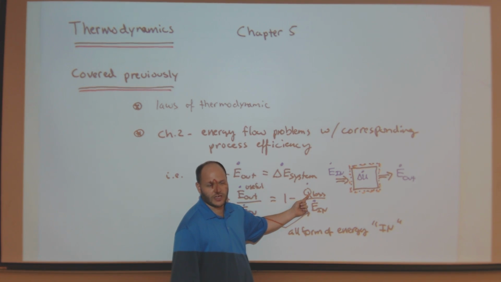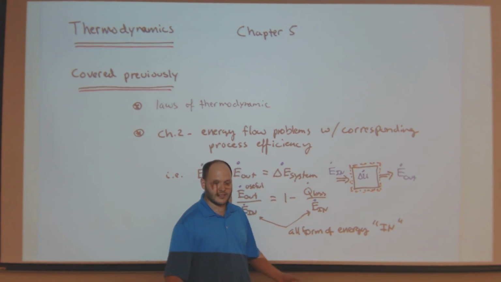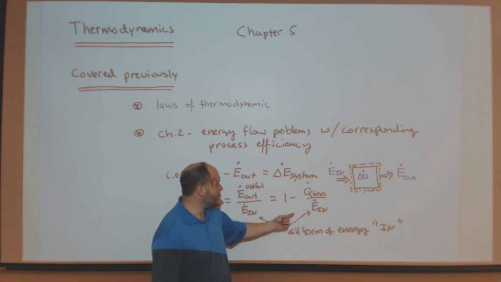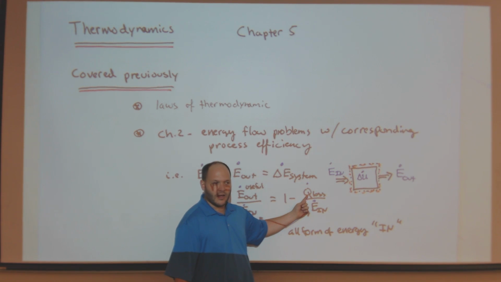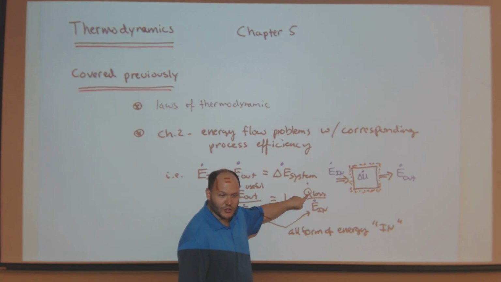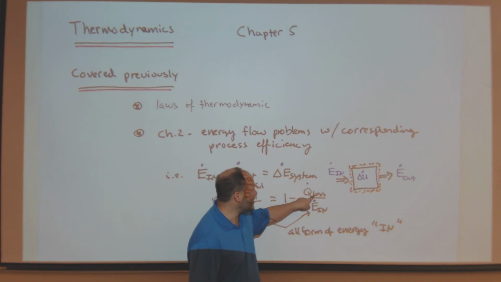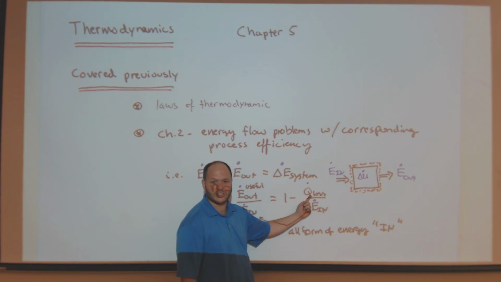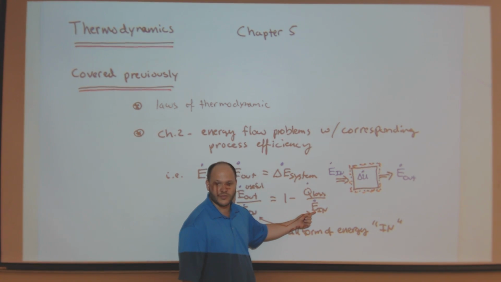Or the rate of energy out not useful. Typically, the energy out that isn't useful is in the form of heat or the heat loss, because that's typically what it is. But there could be other forms of energy, but typically there would be the heat loss, the unuseful heat that's rejected. There could be some other terms up here, but for a simplistic way of looking at it, we just say it's the energy loss, or the heat loss, over all forms of energy in.